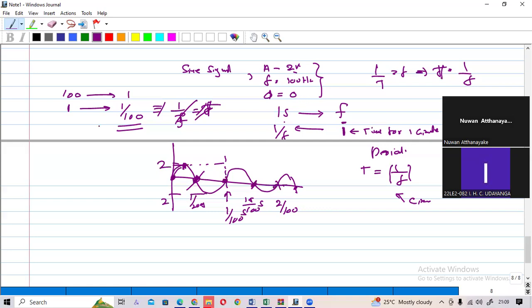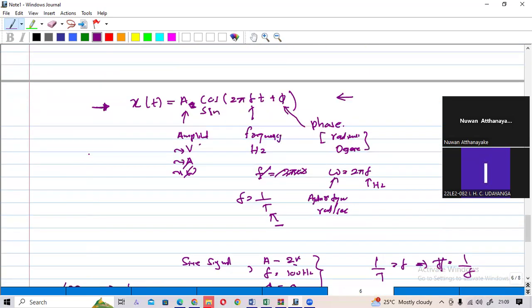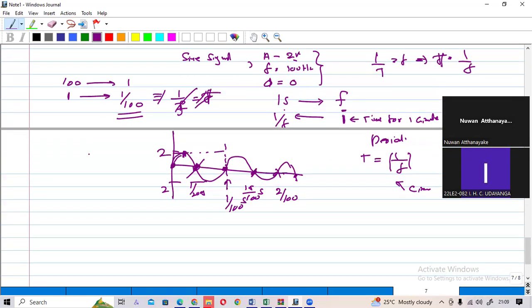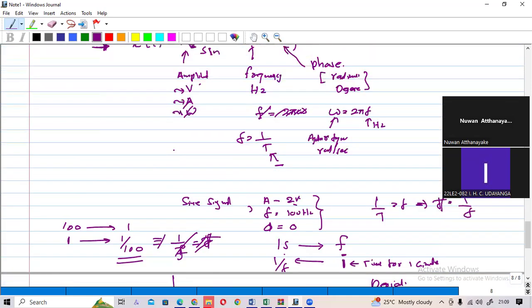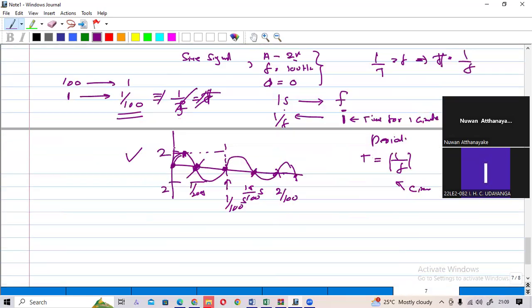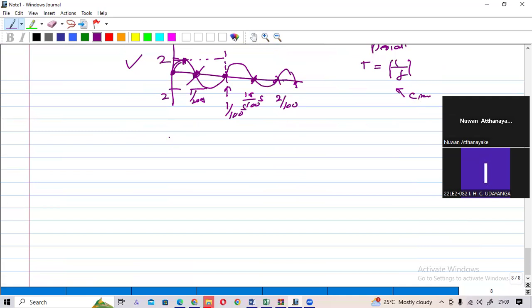Maybe this also may be somewhat important, but here we have time to draw several signals. So try to draw this kind of signal. If I give you x(t) = 2 cos(2π 500 t + 90), try to draw this one.